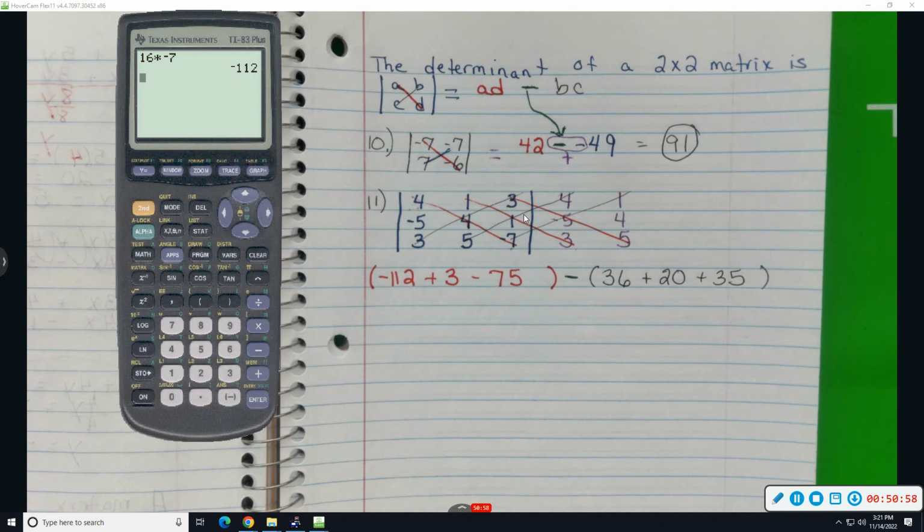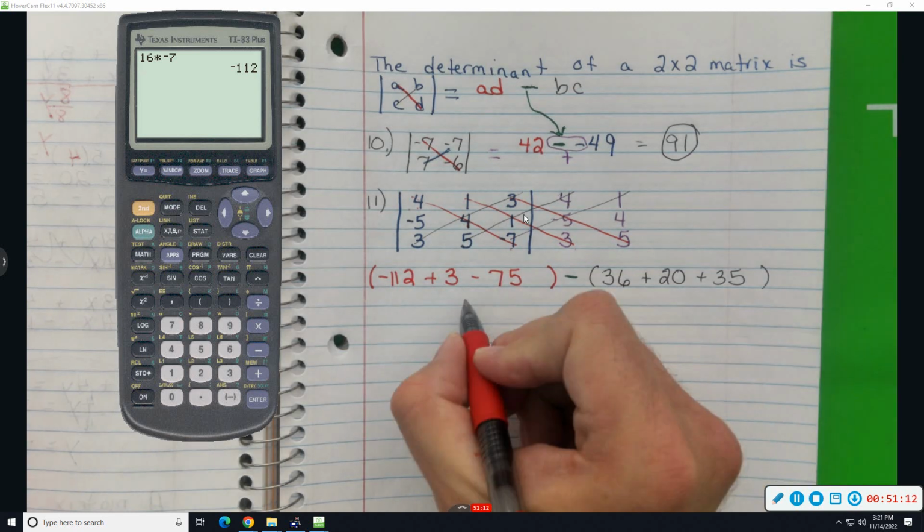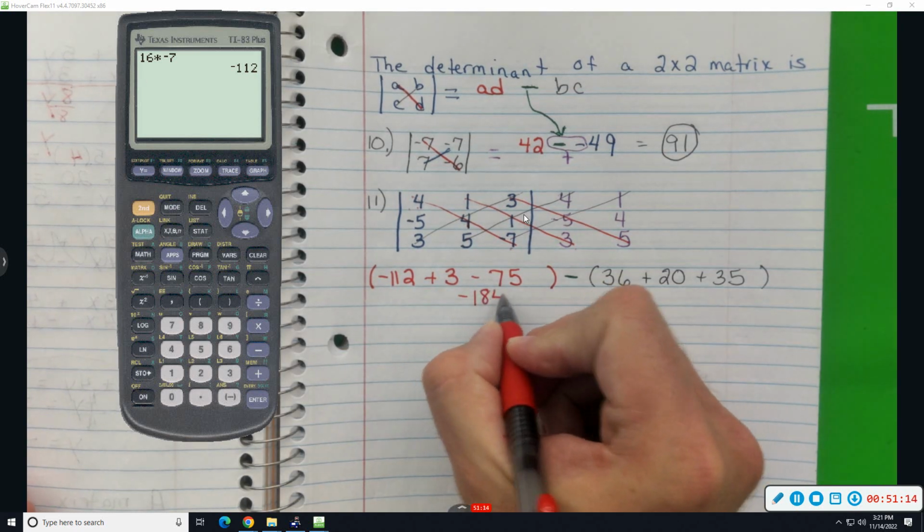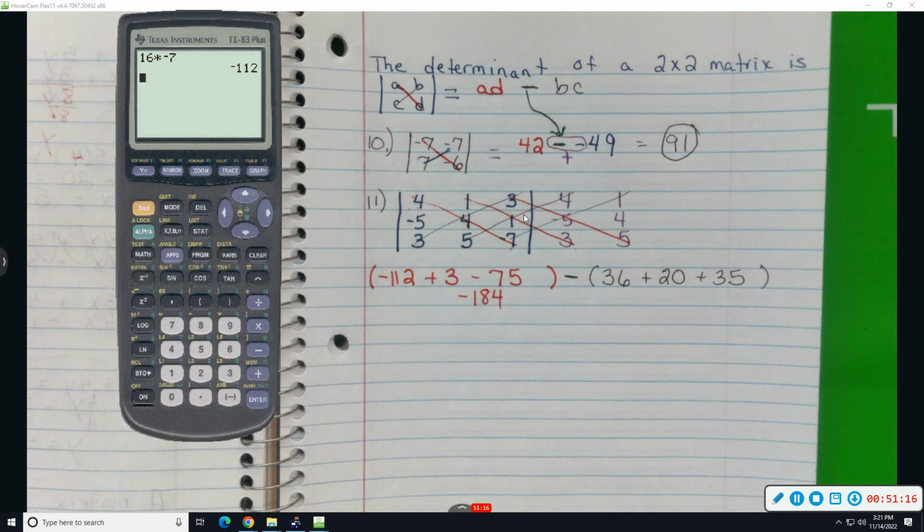Then combine the 3 red numbers. The negative 112 plus 3 minus 75. Is that going to be a negative 184? Did I do that right? Negative 112 plus 3 minus 75, negative 184.